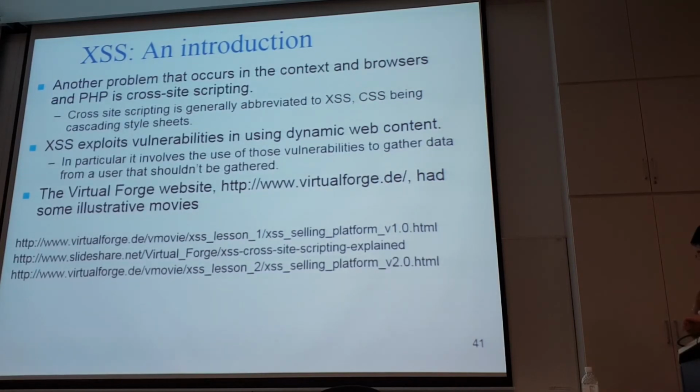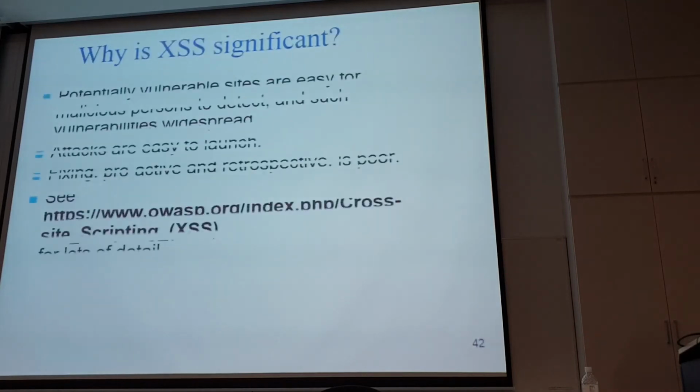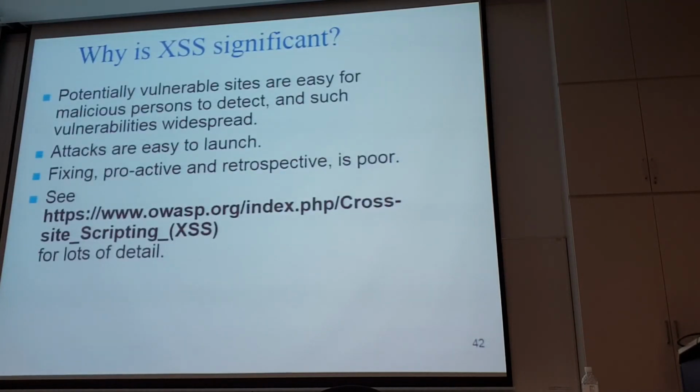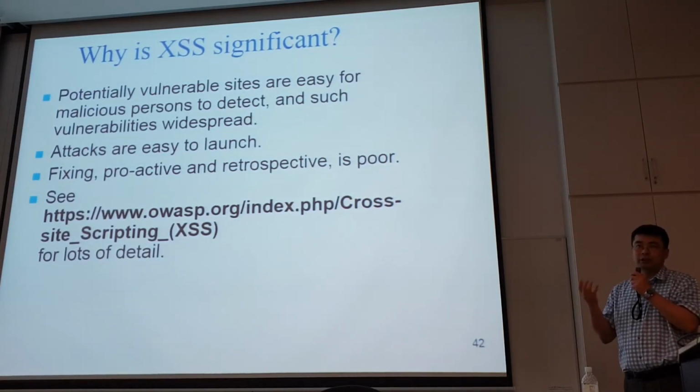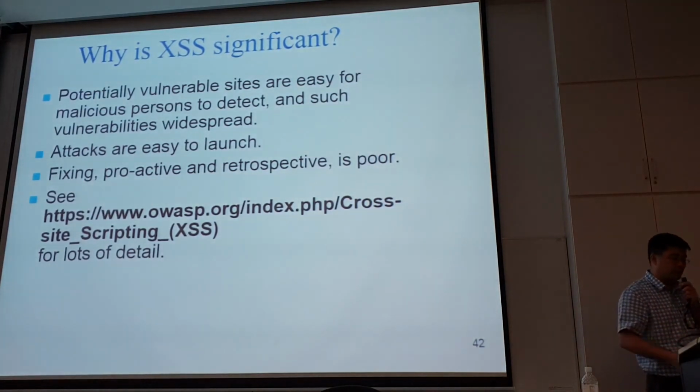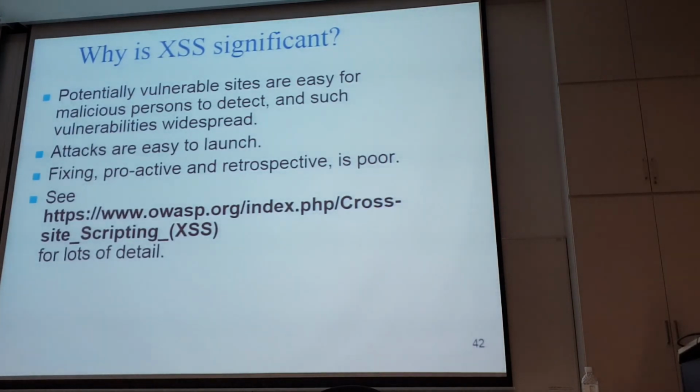Unfortunately, it still worked when I tried this just several weeks ago. So why is this significant? Because it's very easy to test whether a site is vulnerable to cross-site scripting or not. You can simply look at the posts provided by other users, and do some simple tests to see whether you can embed any tags or special input into the content.